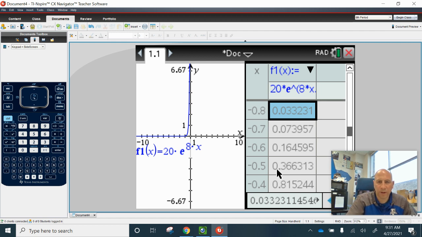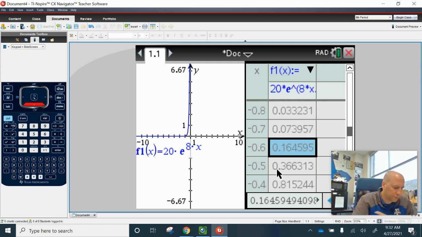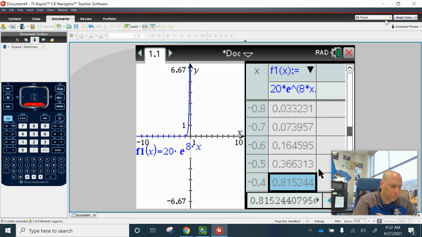So negative 0.8 is 0.03, so that's really low. So is negative 0.7. Again, you're just going to approximate. Negative 0.6 is 0.1. Negative 0.5 is 0.36. Negative 0.4 is 0.8.